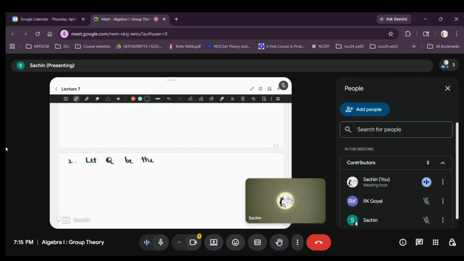Let Q be the group of rational numbers under addition, and Q star be the group of rational numbers under multiplication.